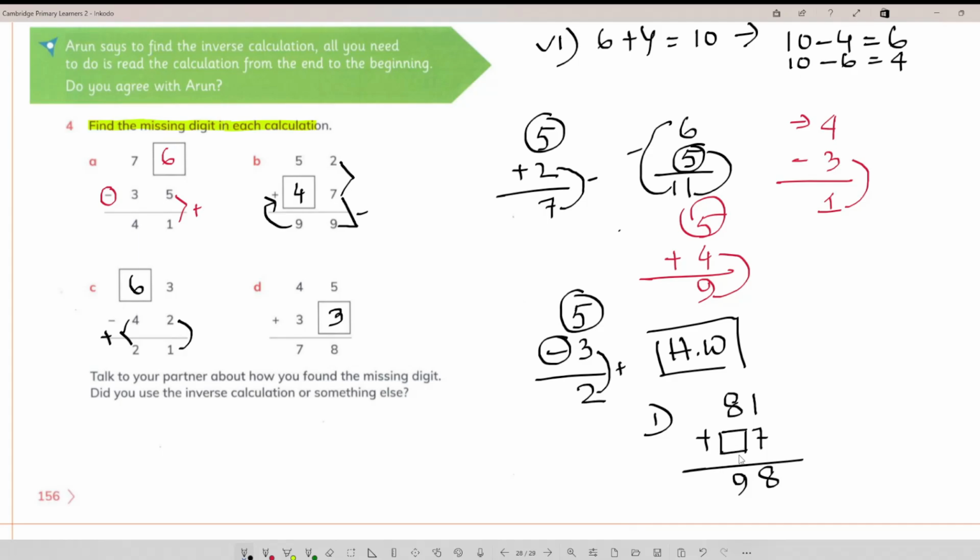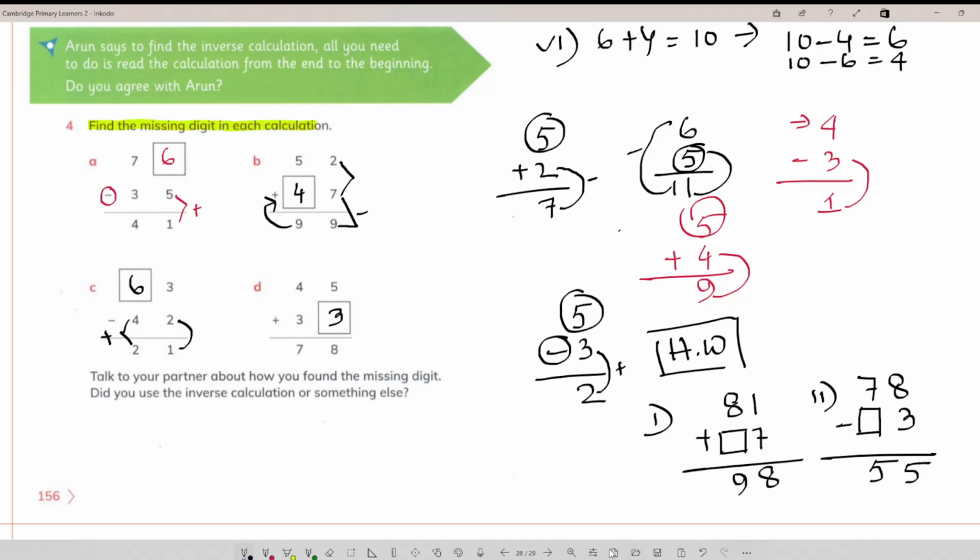You should find the value which we will keep in here. And the second one, suppose 78 minus, okay, and here is 3, it means 8 minus 3 is 5 and here is also 5. So what will be the answer? This is your homework, and we have to complete this video here.